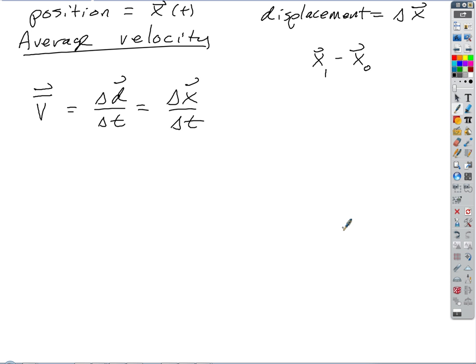Okay, and we got the 6 because 5 minus -1, right? That makes sense? Going from -1 to 5 is positive, so displacement is 6 meters, divided by 3 seconds is 2 meters per second, right? Make sense? Okay, what if I did this one?